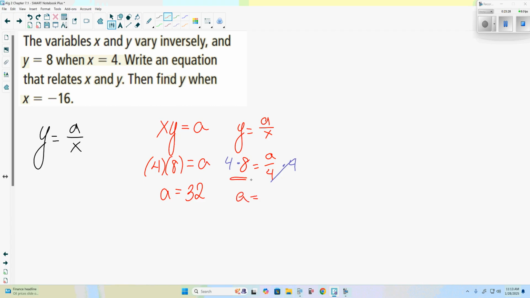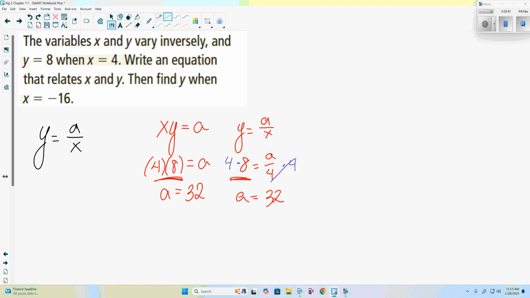What are we doing on the other side? 4 times 8, yes? Both work, both do the same thing. One, we just plug the two numbers in and find it. The other, we have to actually solve it out.